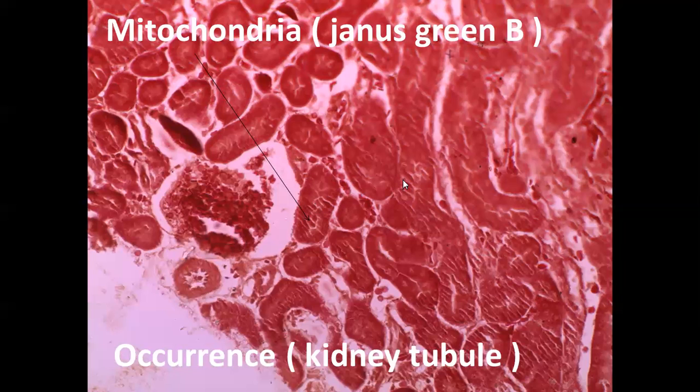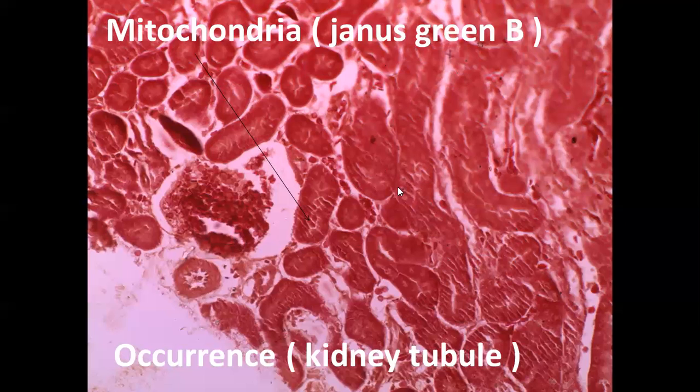This section is taken from what? From the kidney tubule. Inside each cell of the kidney tubule, there are cytoplasmic organelles, mitochondria. In this figure, the nucleus does not appear because we used the special stain Janus green B, which only demonstrates the mitochondria.